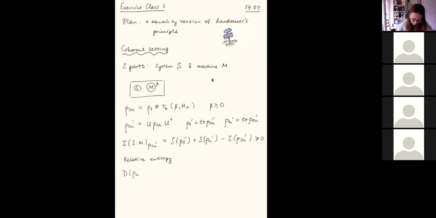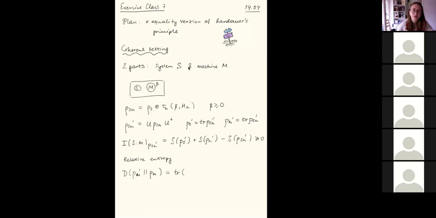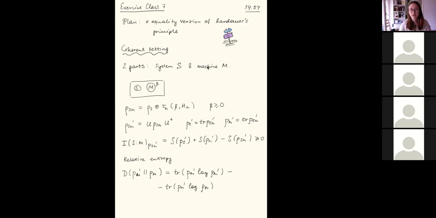So D of rho M prime relative to rho M, which, just to remind you, is usually defined as trace rho M prime log rho M prime minus trace rho M prime log rho M. These are essentially the two quantities that will allow us to turn Landauer's principle into its equality version.